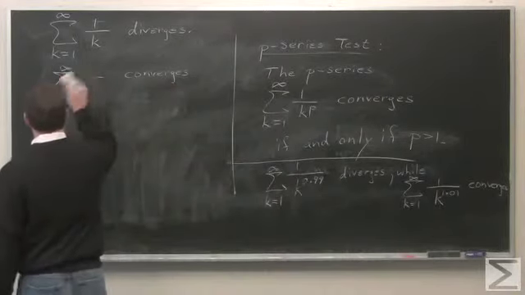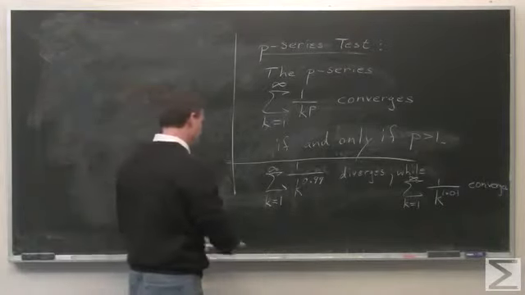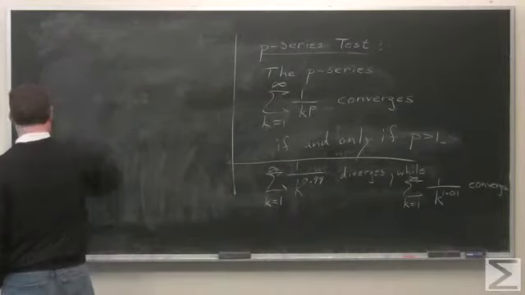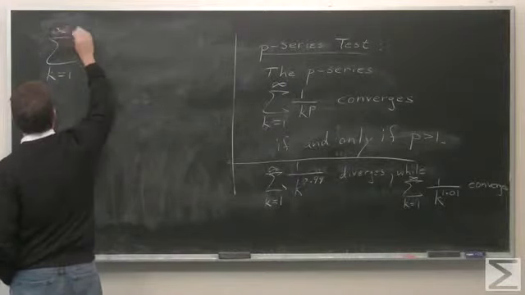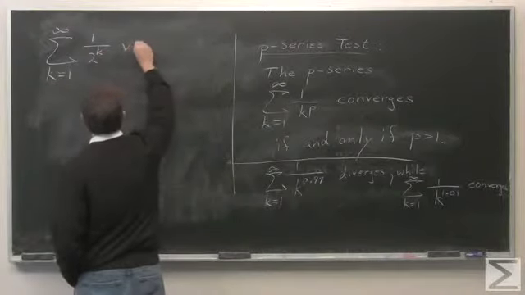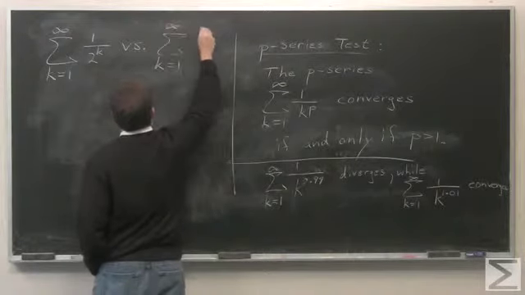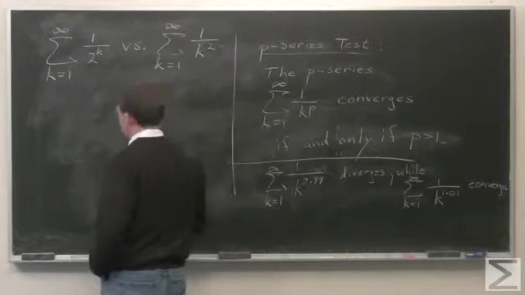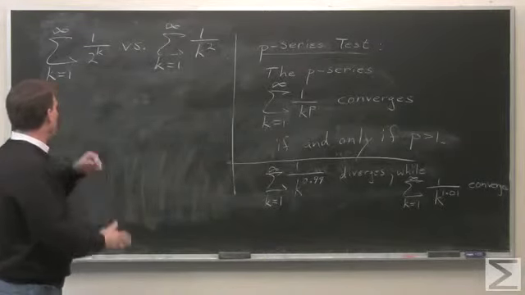Another warning about p-series is people confuse p-series and geometric series all the time. Don't do this. So if you look at the sum as k goes from 1 to infinity of 1 over 2 to the k, and you compare that versus the sum as k goes from 1 to infinity of 1 over k squared. Yes, these look similar. The denominators both have a k and a 2 in them, but in one the 2 is in the base, and the other one the 2 is in the exponent.